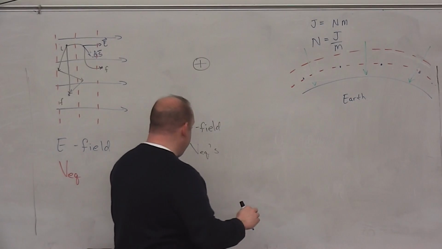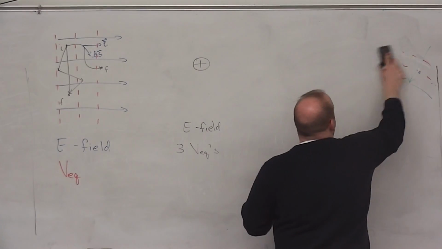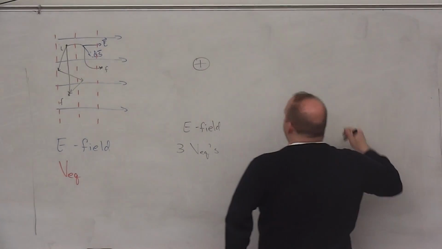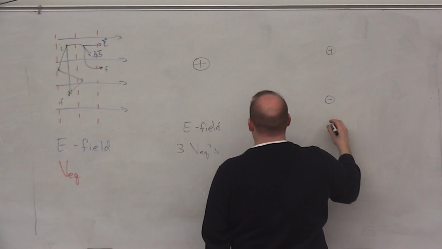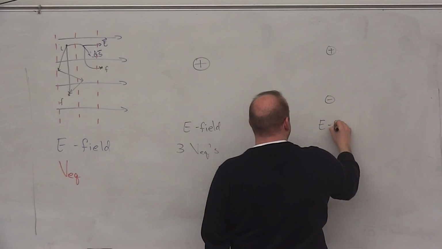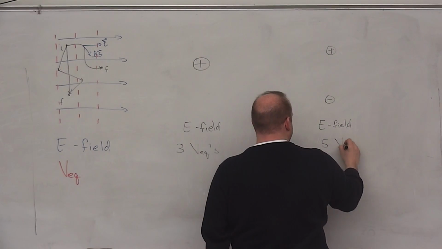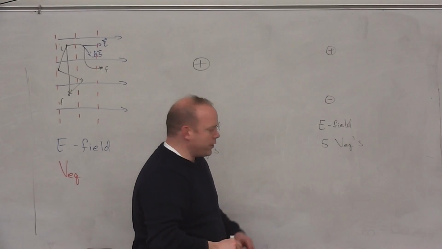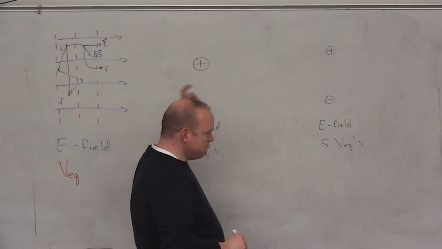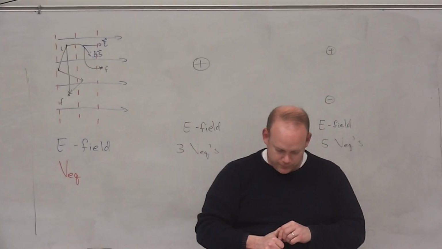Then I'm going to post the homework on the website. I want you to do it for a positive and a negative charge, the electric field, and this time I want 5 equipotential surfaces. That one's a little bit more interesting. This one, not so much, just gives you a feel. This one definitely a lot more interesting.